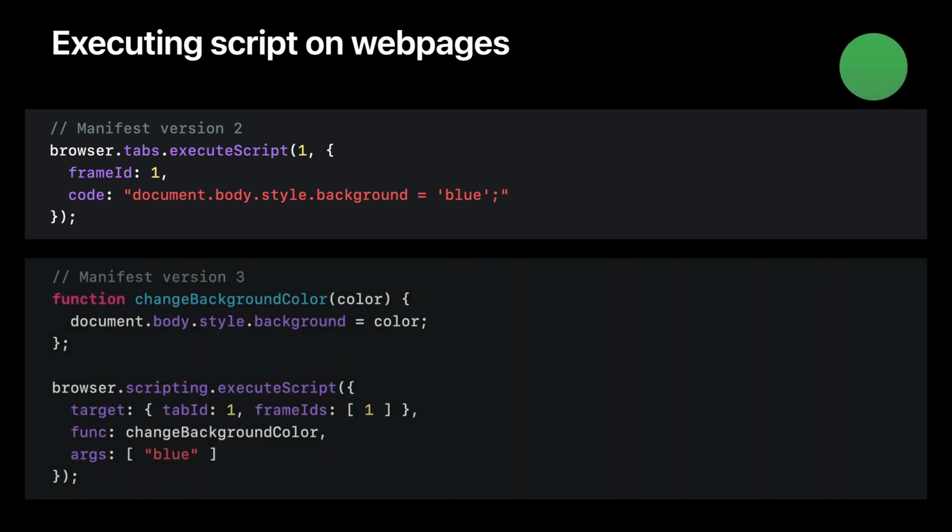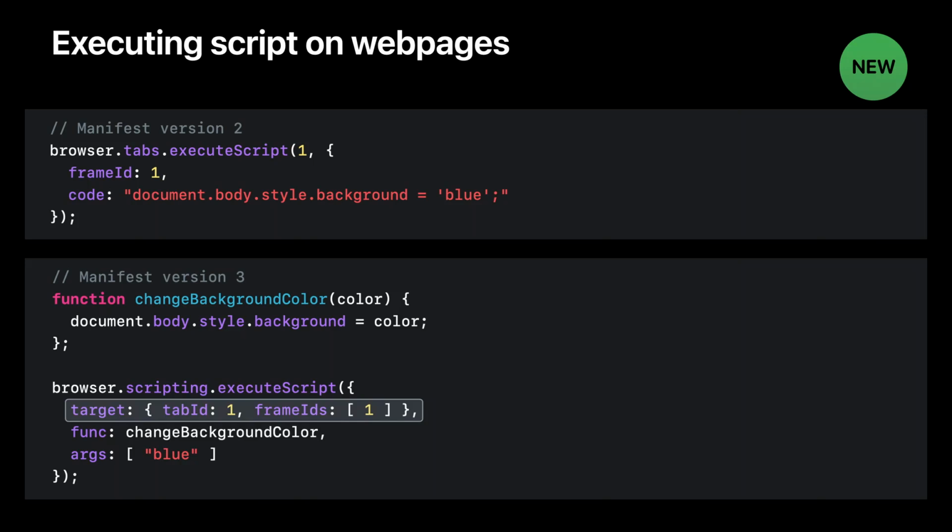But now, with the new Scripting API, I can pass along a function object containing this code. And like any other function, it can contain arguments that can be passed in. This is a much more improved way of executing a script because you're not confined to writing code in a string.